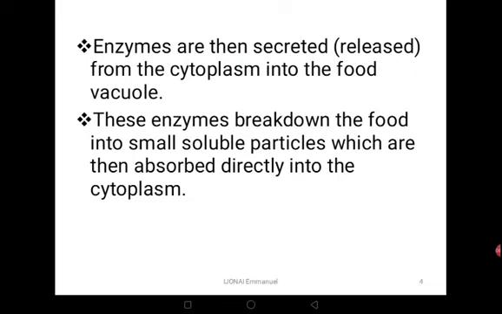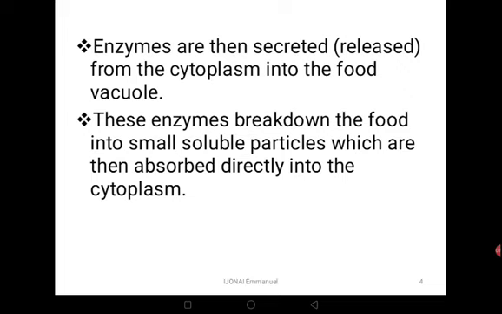So what happens inside the food vacuole now? Enzymes are then secreted from the cytoplasm into the food vacuole. And you know what the enzymes do? These enzymes will break down the food into small soluble particles, which are then absorbed directly into the cytoplasm.